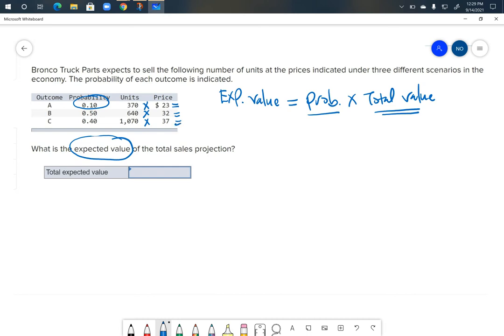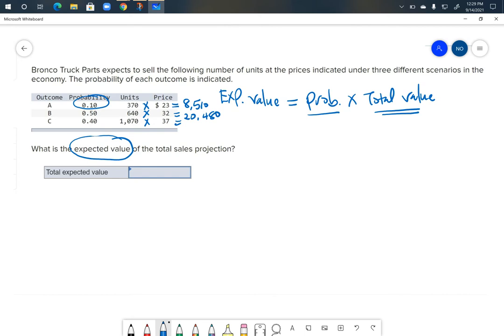So to determine the total value for outcome A, we simply take 370 and we multiply this with 23, and this gives us 8,510. And you do the same thing for the second one. We have 640 times 32, and this gives us 20,480.